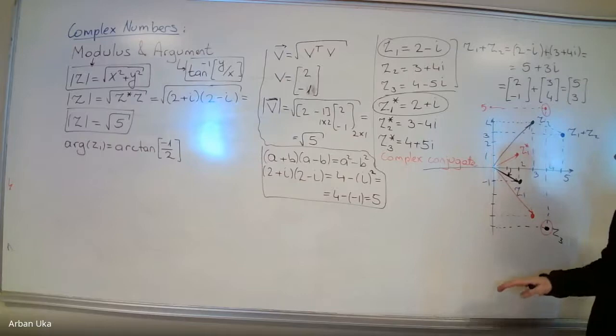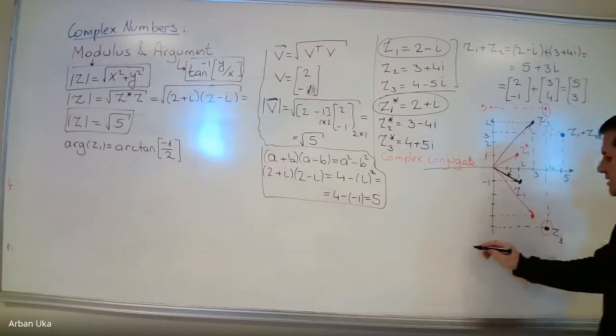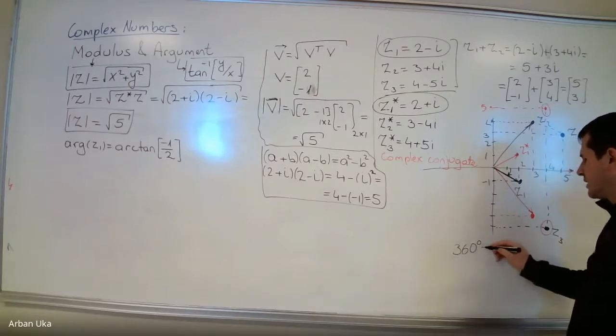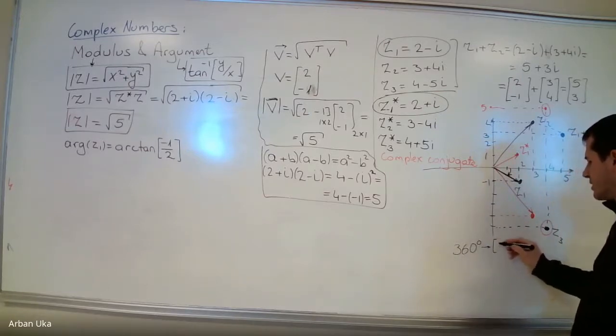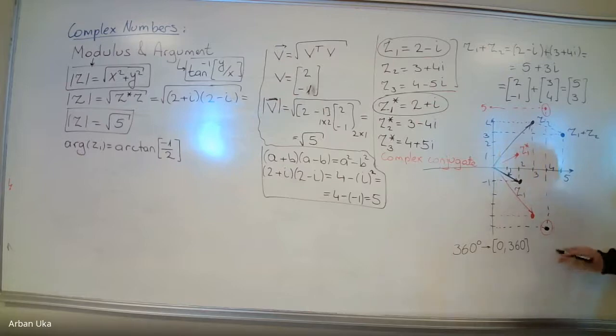What is very useful to remember is that in the Argand plane, the complete angle is 360 degrees. You can denote these angles anything from 0 to 360, or, at the same time, this is equivalent to saying the angles from minus 180 to plus 180.